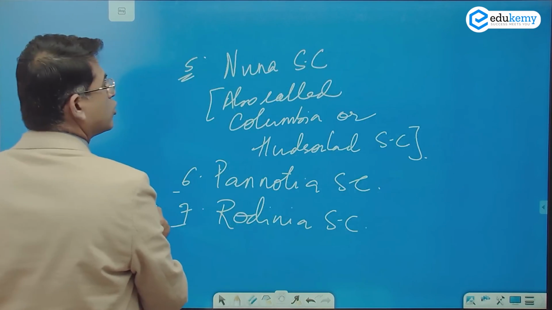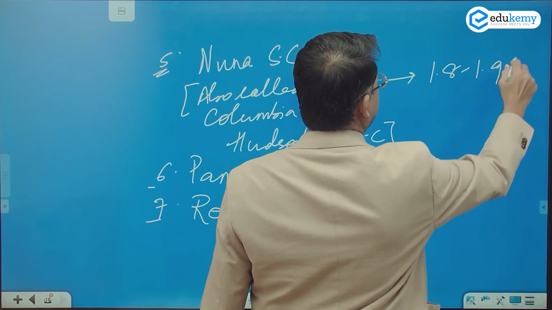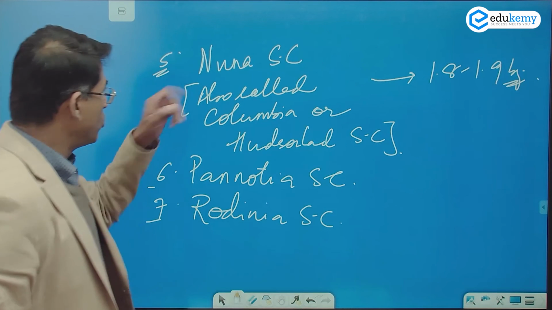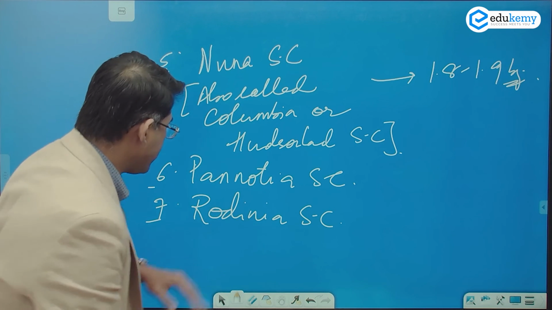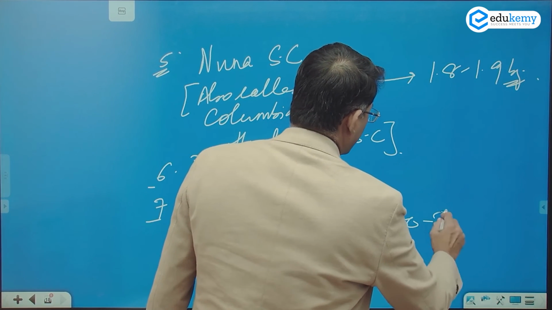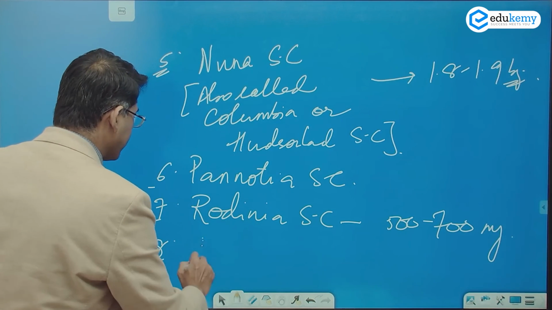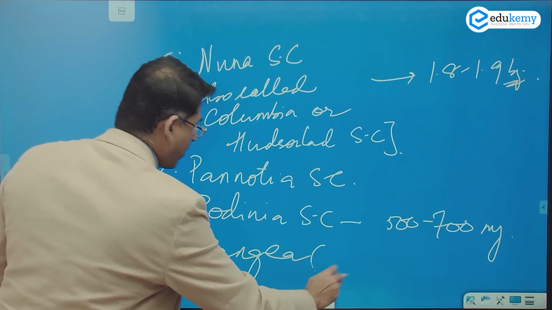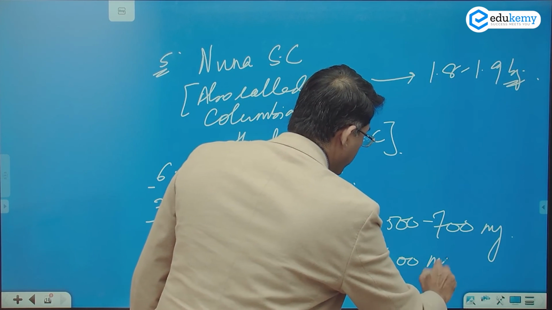This Nuna supercontinent was approximately 1.9 billion years ago. Rodinia supercontinent was approximately 500 to 700 million years ago, and Pangaea approximately 300 to 400 million years ago.